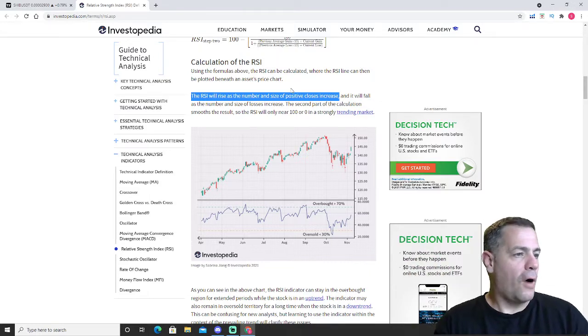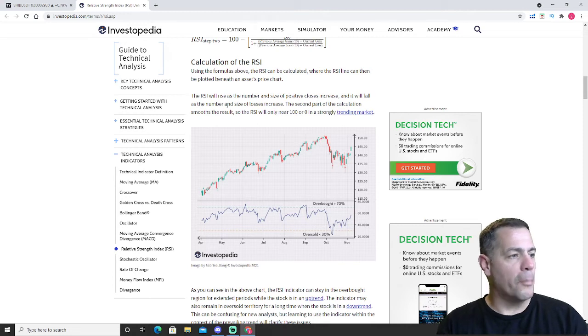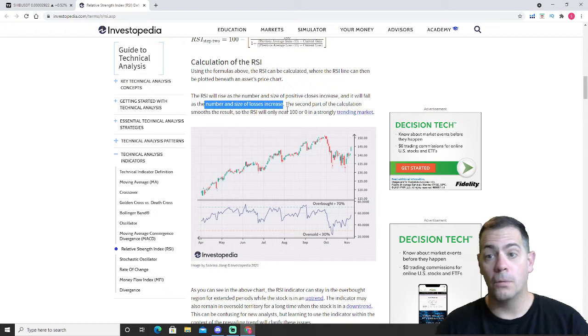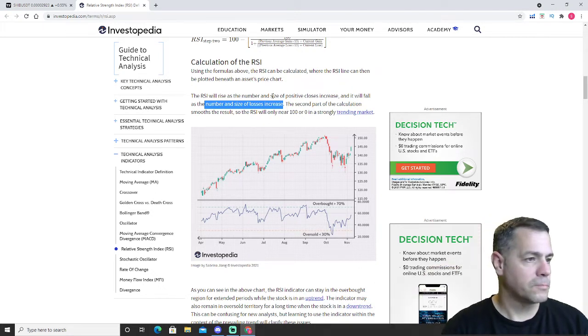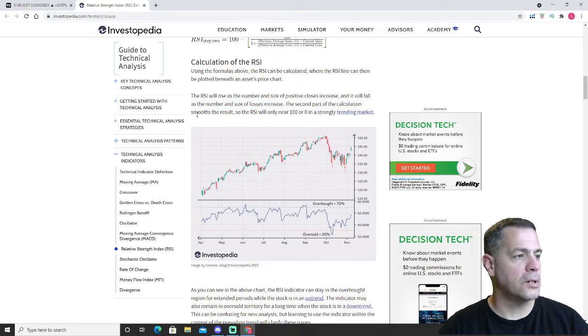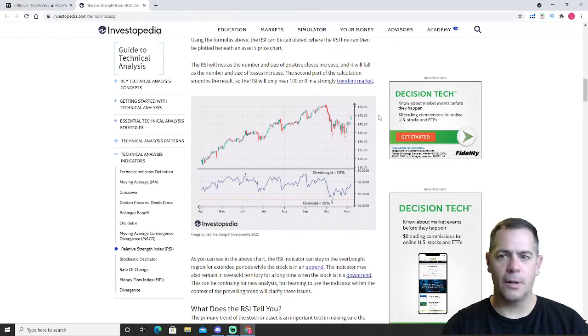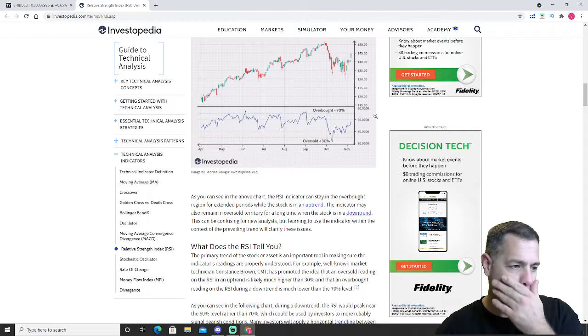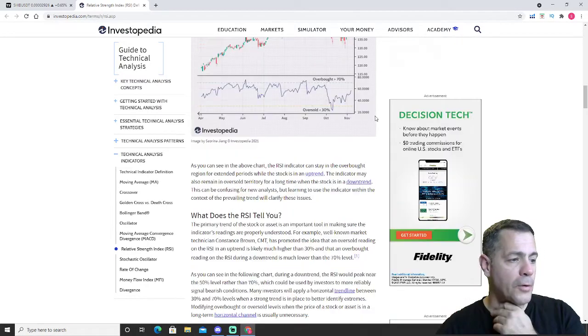And it will fall as the number and size of losses, or sells, increase. The second part of the calculation smooths the result. So the RSI will only near 100% or 0% in a strongly trending market. Holy crap, I forgot how to talk. So that's very good information.